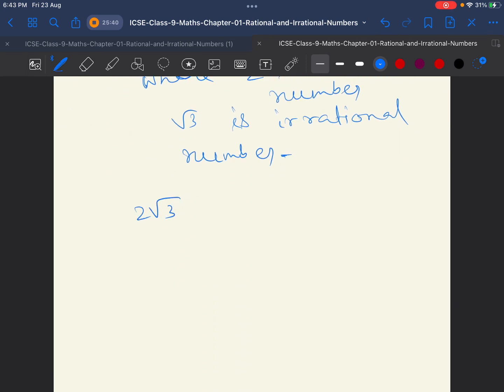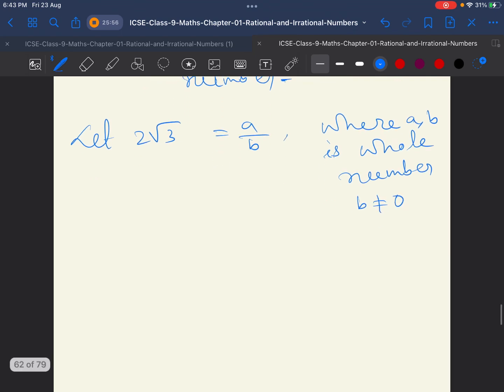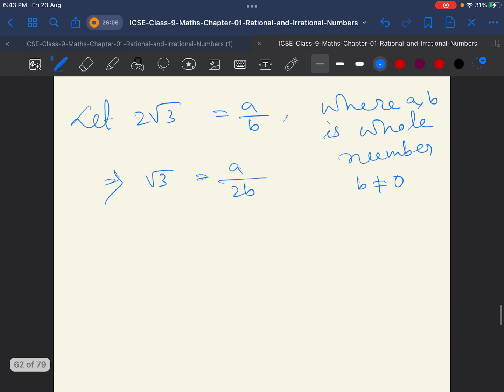Okay, so 2 root 3, let 2 root 3 equal a by b, where a and b are whole numbers and b not equal to 0. Okay, so now we can write root 3 equals a by 2b.